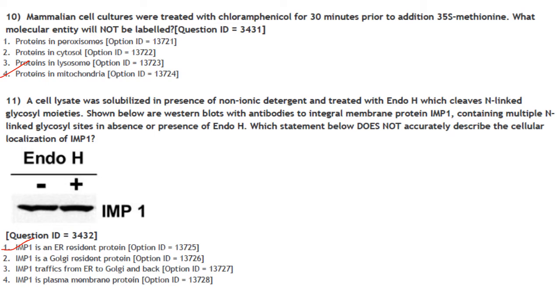Now N-linked glycosylation occurs co-translationally and is initiated in the endoplasmic reticulum. If it was an endoplasmic reticulum protein as in option 1, in the presence of EndoH you would not have got a band corresponding to the one in which EndoH was not added.